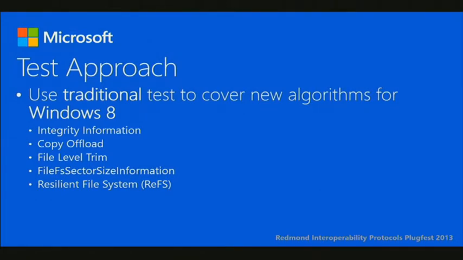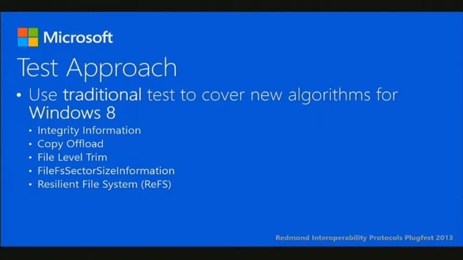In our test suite, we use a hybrid test approach, in which we use traditional tests to cover the new algorithms introduced in Windows 8, such as integrity information, copy offload, file level trim, and FS sector size information.